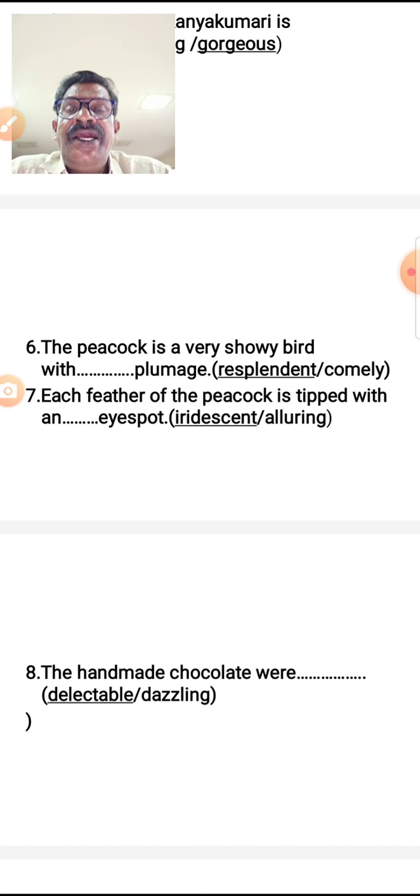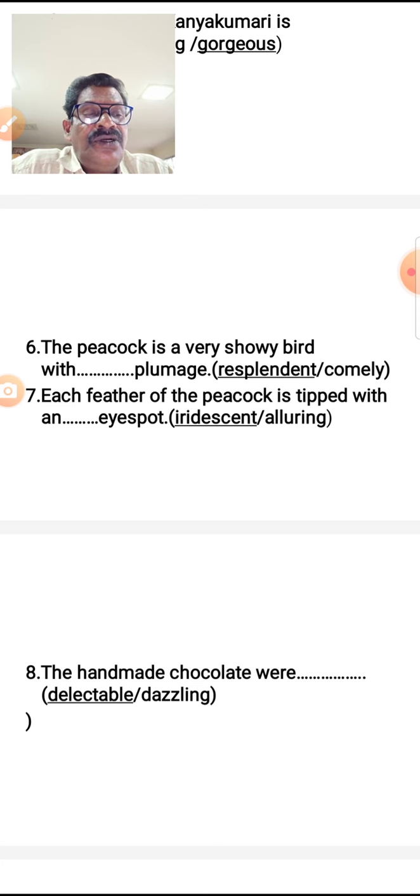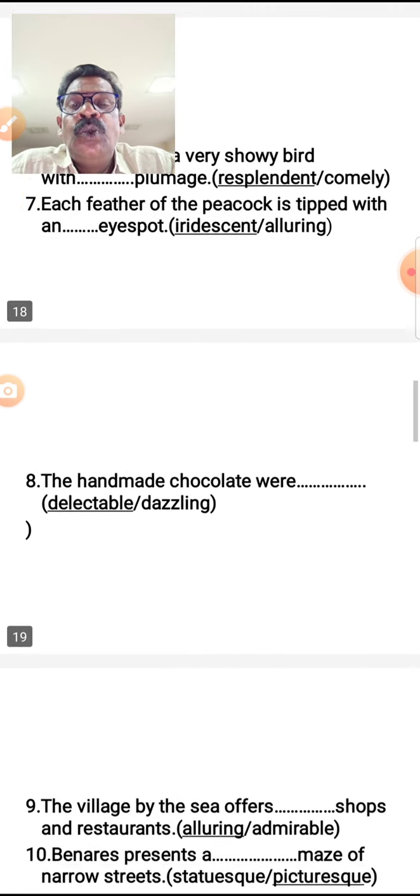And then next, the seventh one: each feather of the peacock is tipped with an iridescent eye spot. Iridescent means showing luminous colors, shimmering in other words, showing luminous colors from different angles.